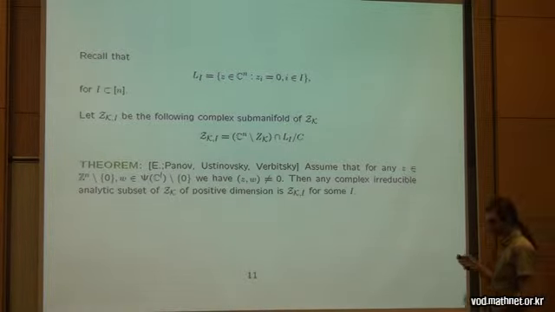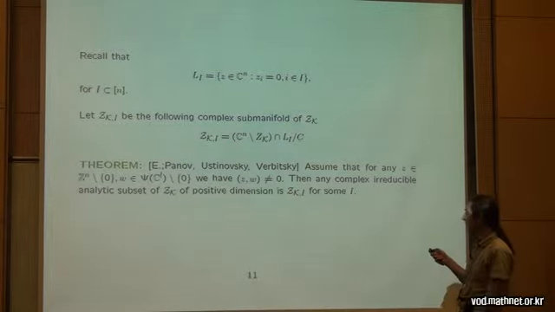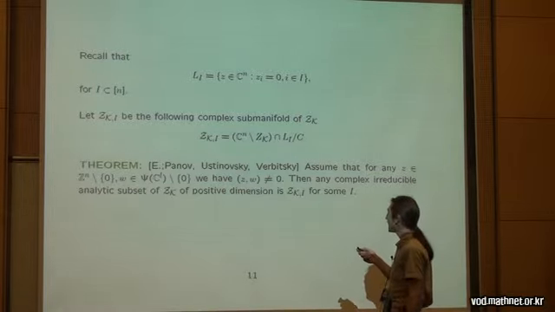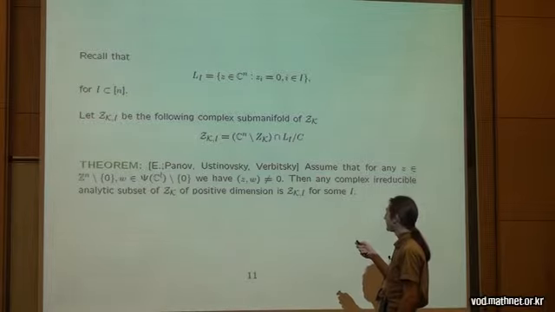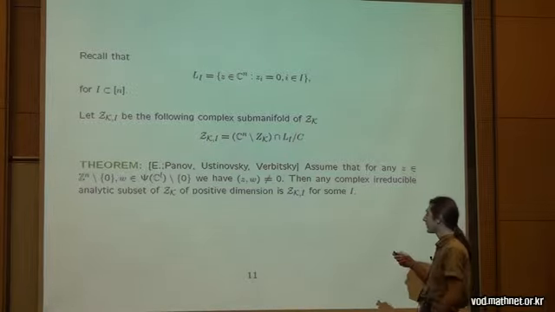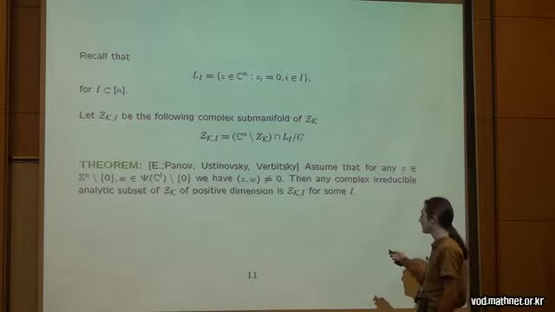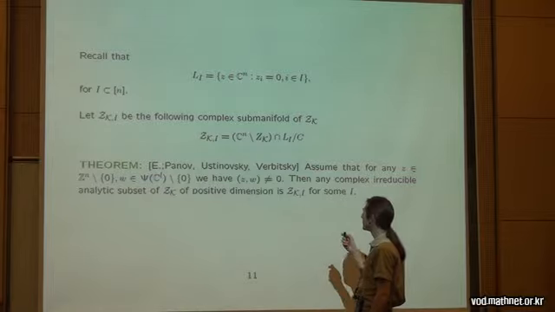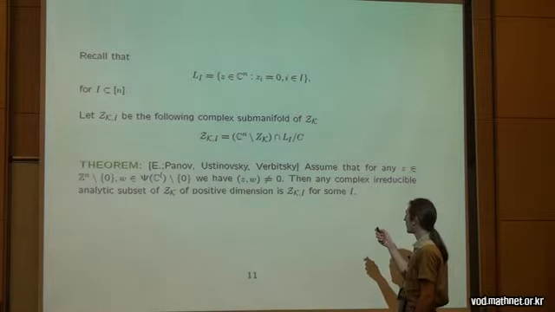Okay, and also I would like to say some words about submanifolds. Recall we have such coordinate subspace. We can consider the intersection of this coordinate subspace with our complex manifold. And we have the following complex submanifolds in our complex moment-angle manifold.